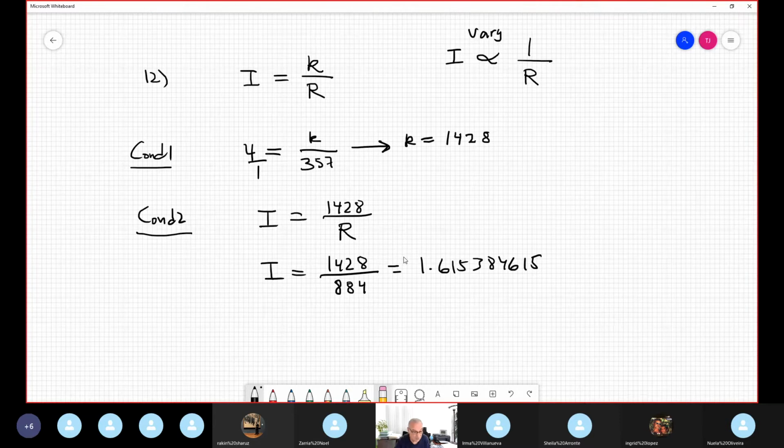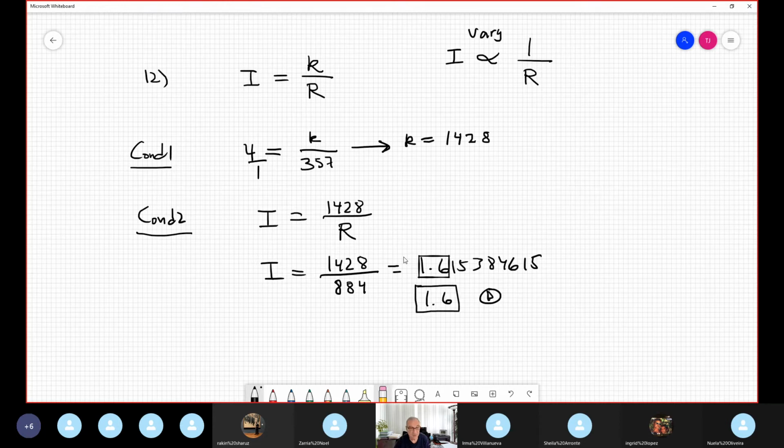However, I see that they truncate to only one decimal place. The answer that they want is 1.6, which is option D. Truncating is exactly the same as rounding here because the next digit is 1, which is less than 5. So 1.6.